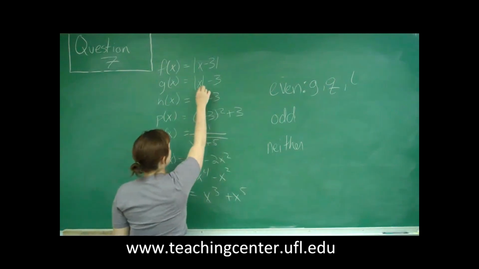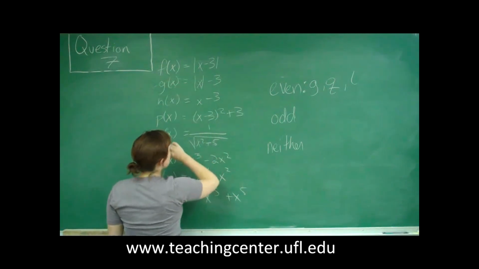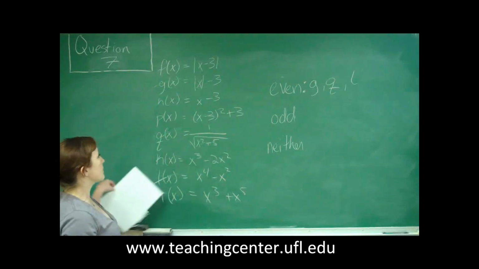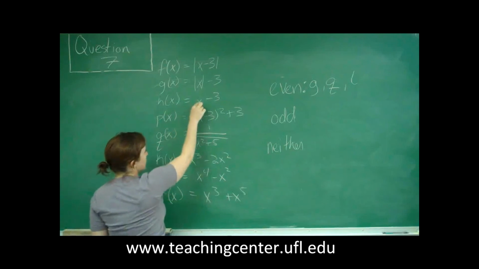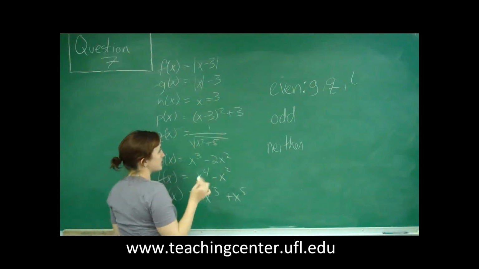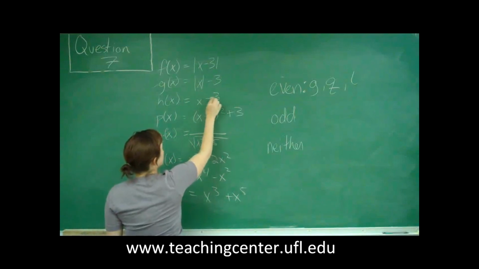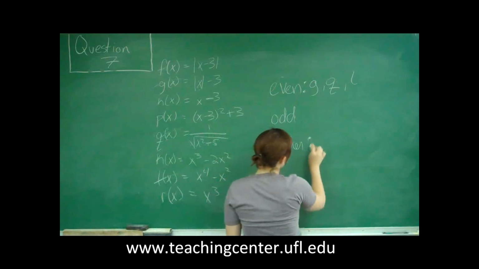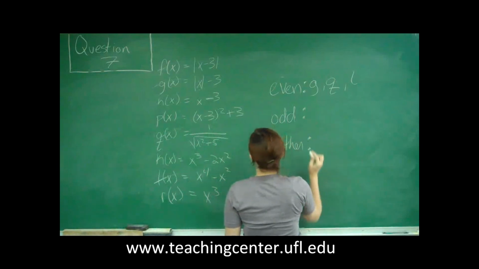We already know that g of x is even. We know that q of x is even. We know that L of x is even. In h of x, when I plug in negative x, I get negative x minus 3. Well, that still does not change this minus 3, so that's not an odd function. So far for neither, if it's not even or odd, it's neither.